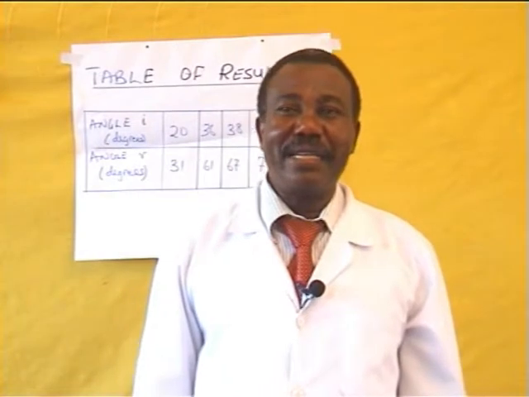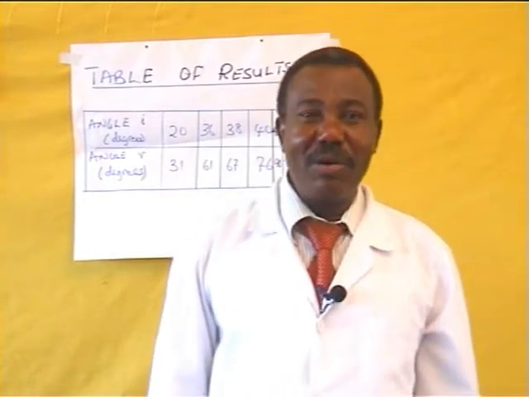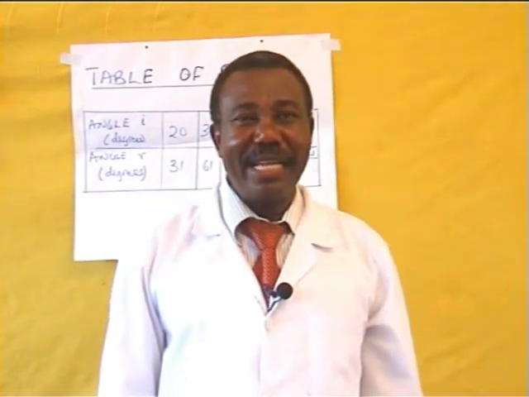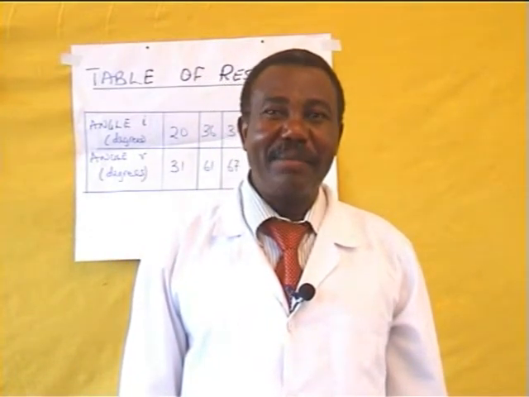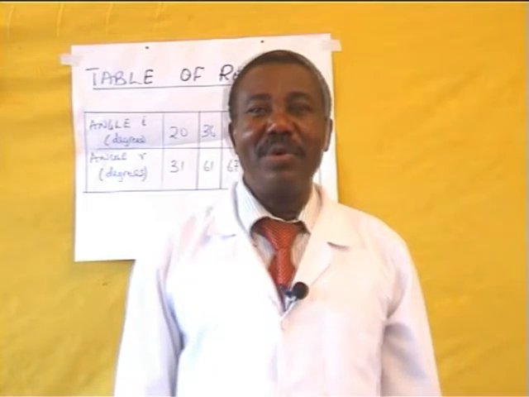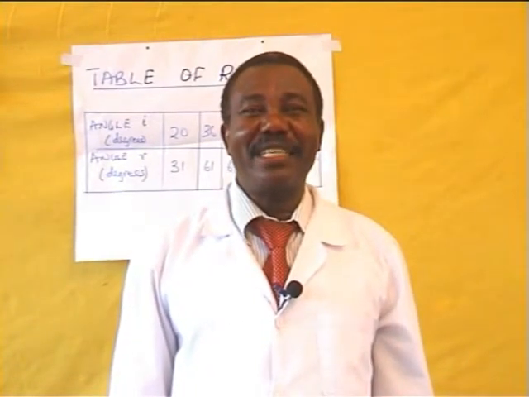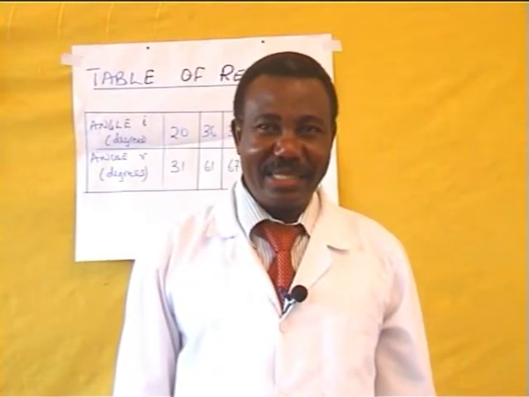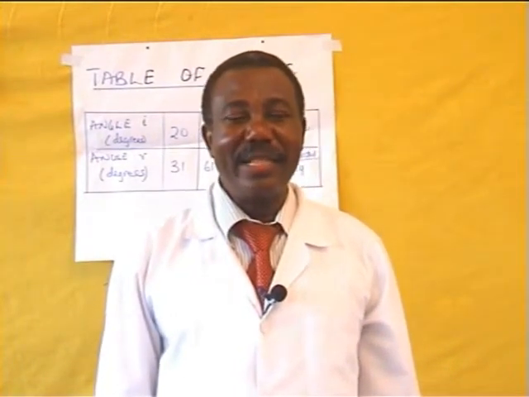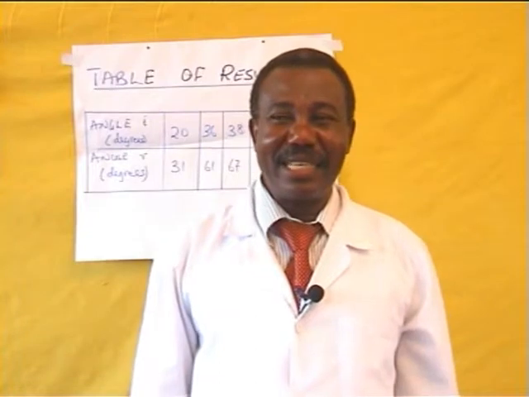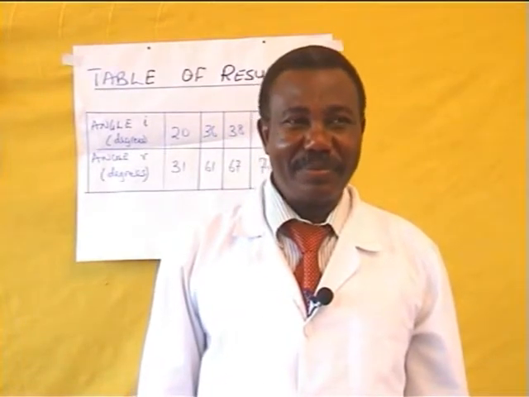Therefore, we can define the critical angle as the angle of incidence for light passing from a denser medium to a less dense medium, where the angle of refraction is equal to 90 degrees. Total internal reflection occurs when the angle of incidence is greater than the critical angle.